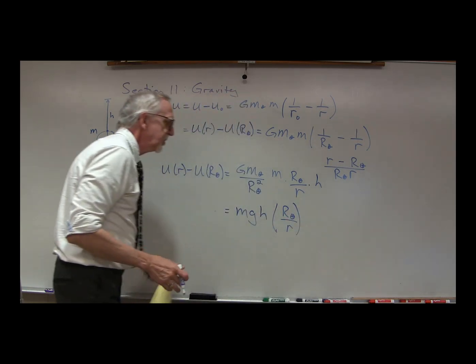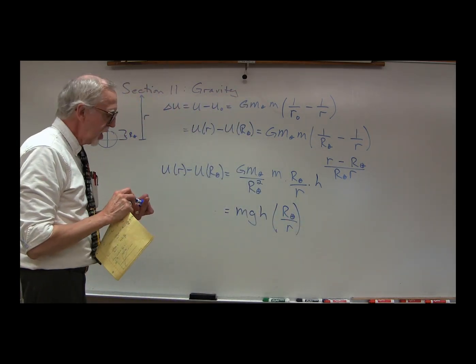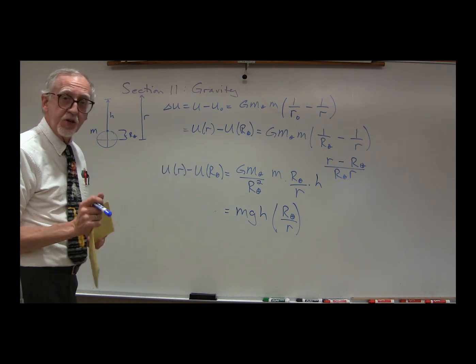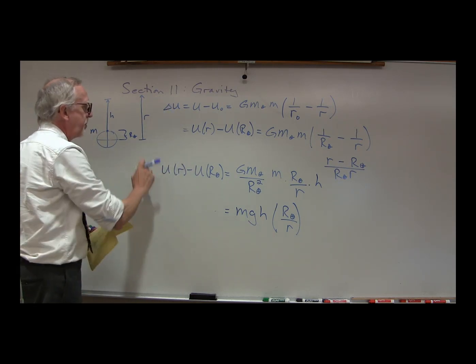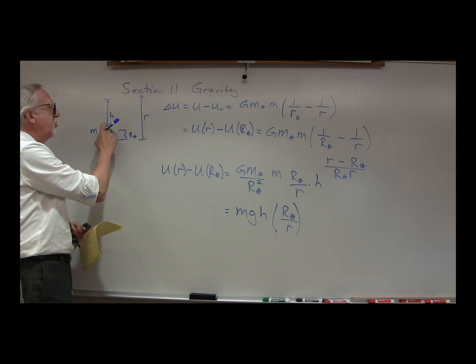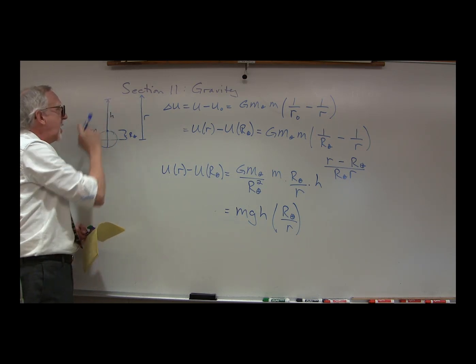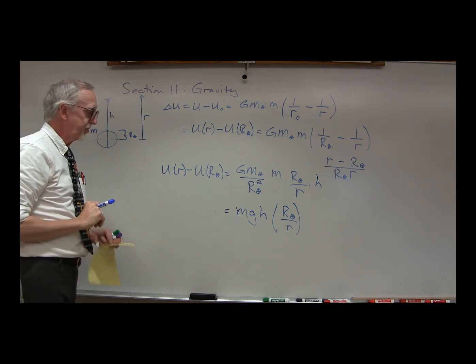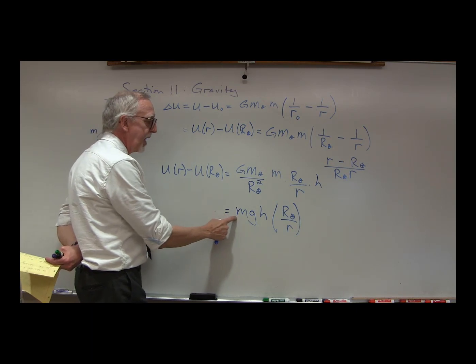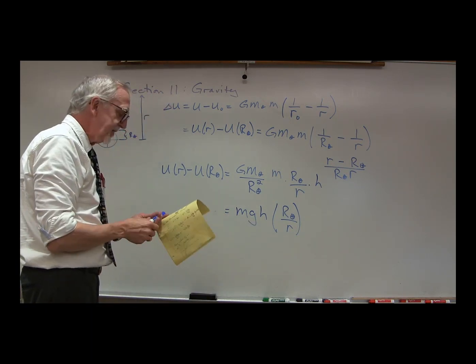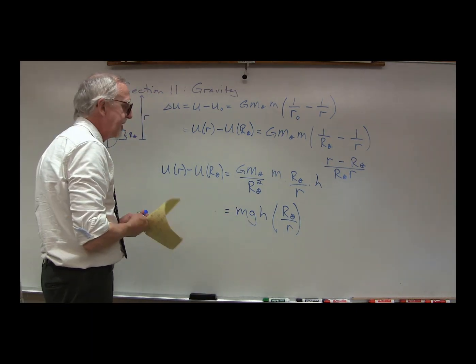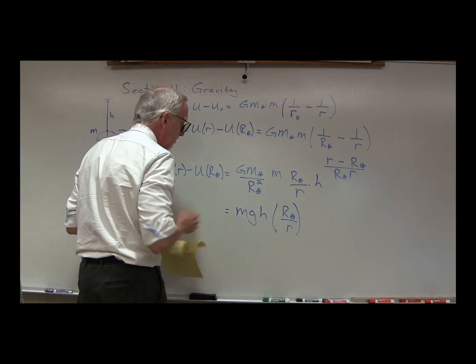So what is this telling us? The increase in the potential energy, so this is delta U. Remember, the increase in the potential when we move from some point at the surface up to some point h above the surface is equal to mgh. But that is exactly the form of the potential energy that we were using before.